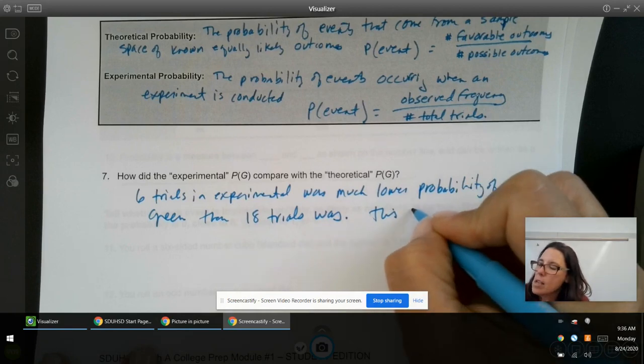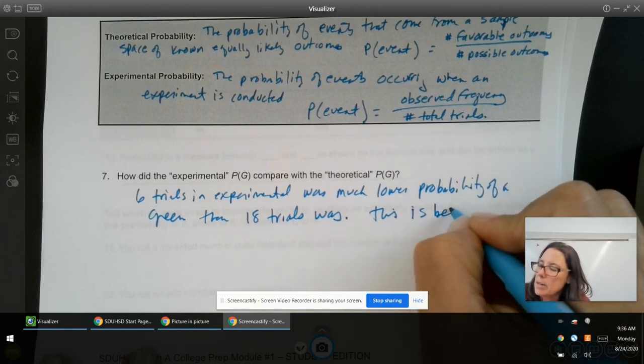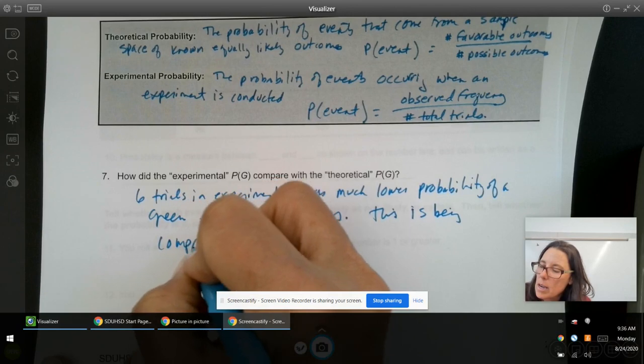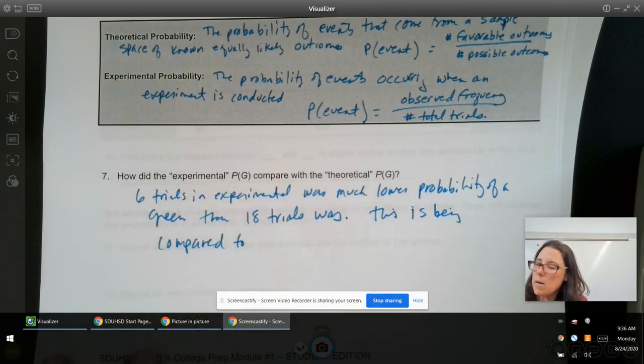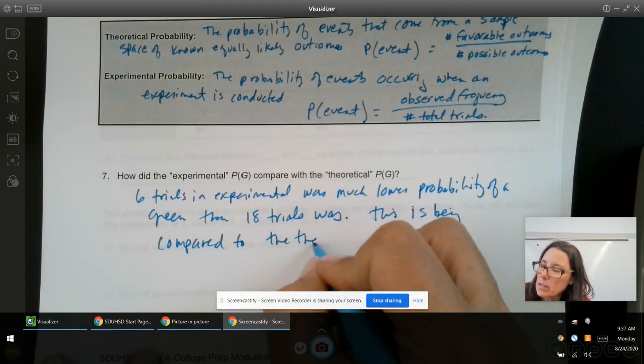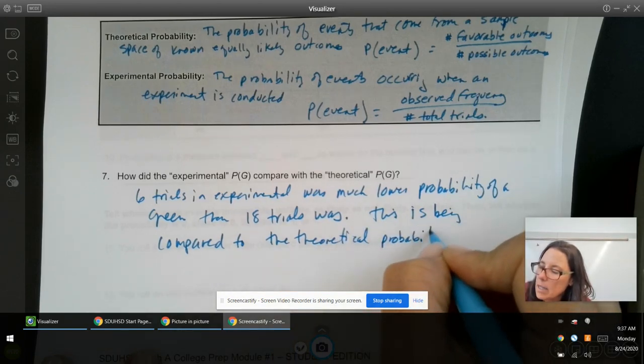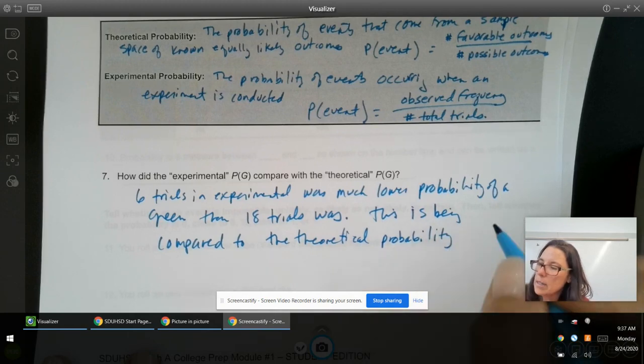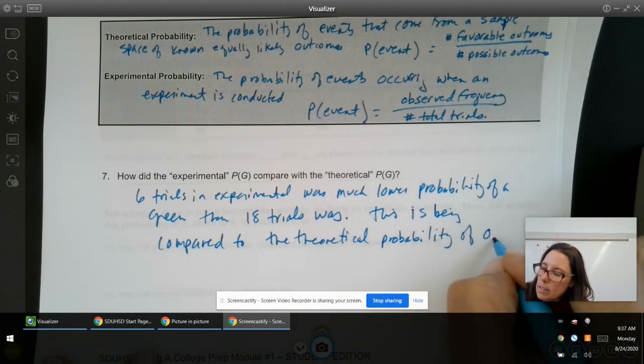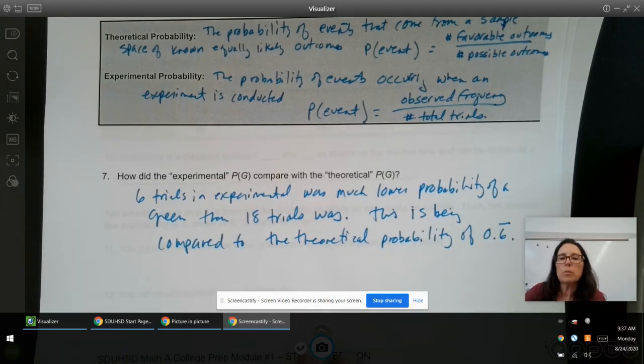This is being compared to the theoretical probability of 0.6 repeating.